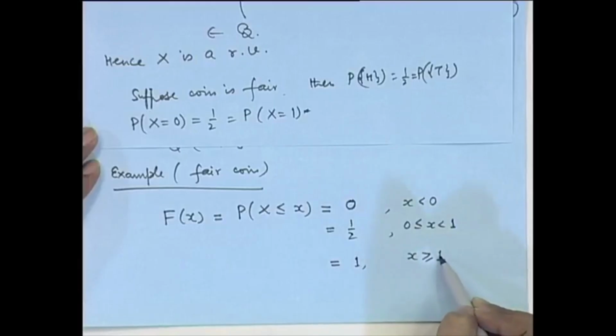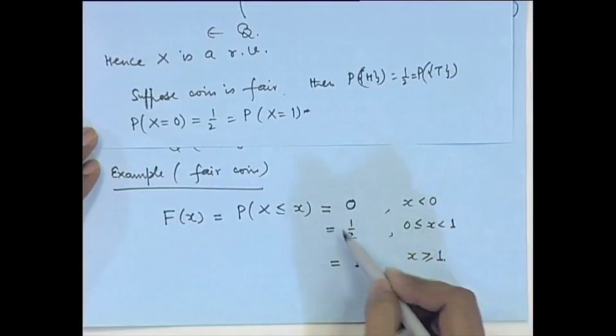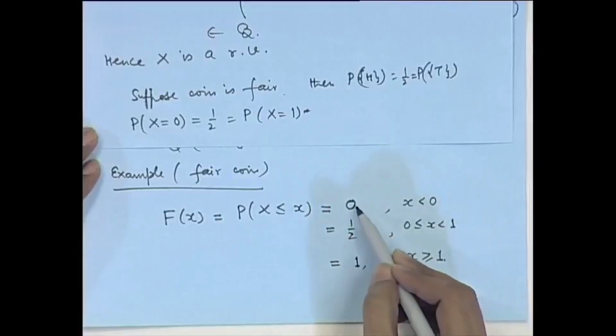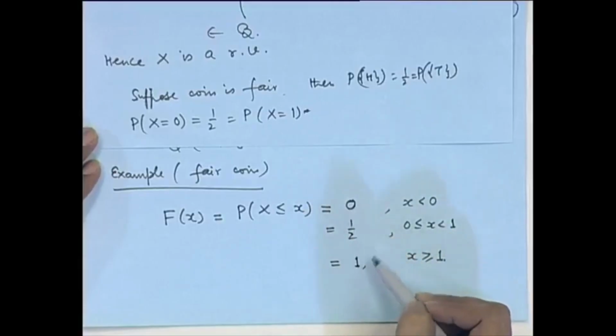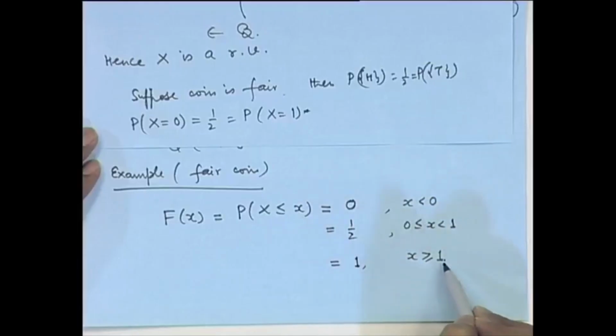The right hand limit at 1 is 1, and the value at x equal to 1 is 1, therefore it is continuous from right at 1. At all other points, the function is continuous. The function is clearly non decreasing. As x tends to minus infinity, F(x) goes to 0, and as x tends to plus infinity, it goes to 1. So, all the conditions of the cumulative distribution function are satisfied here.